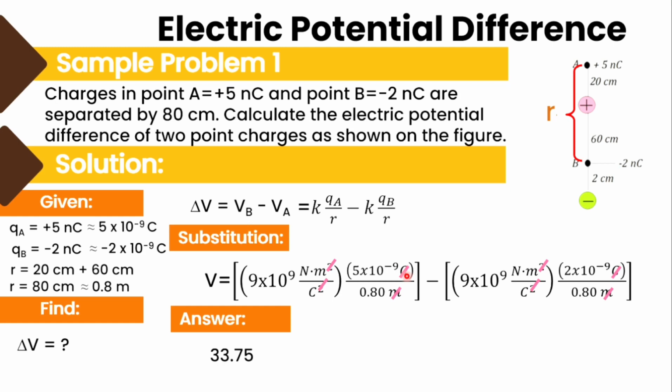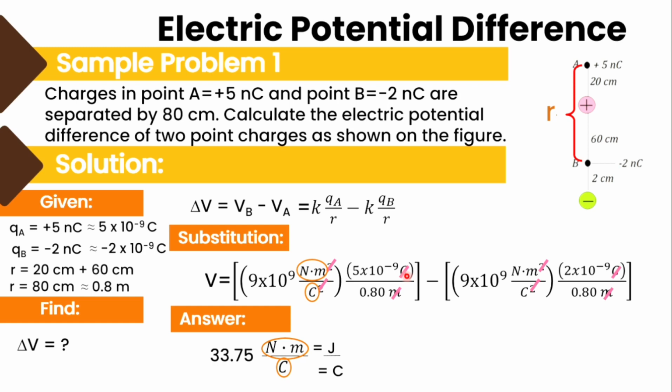So make use of grouping, make use of parentheses, but you should use the right parentheses to be able to arrive at the correct answer. That would be 33.75. So the unit that remains is newton meter over coulomb. So newton meter is also equal to joules, and coulomb is of course equal to coulomb.